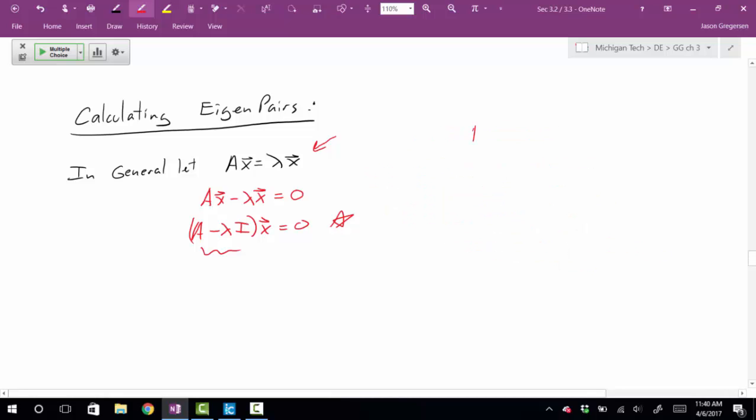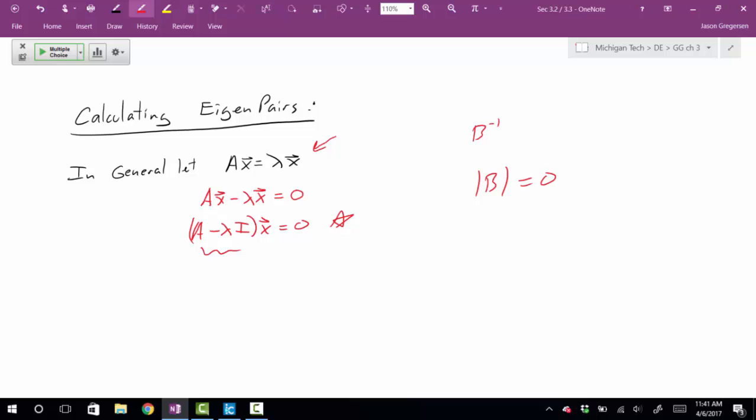And then what do I know about when B inverse exists or not exists? If the determinant of B is equal to 0, what does that tell me about the inverse? Doesn't exist, right? Think of that equation for the 2 by 2, like 1 over the determinant of A times some stuff. Well, the determinant of A is 0, 1 over 0 blows up, right?